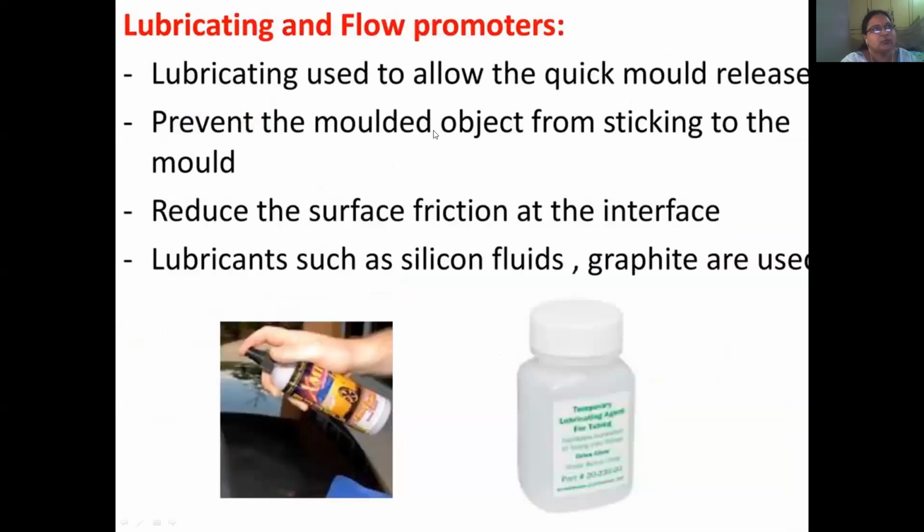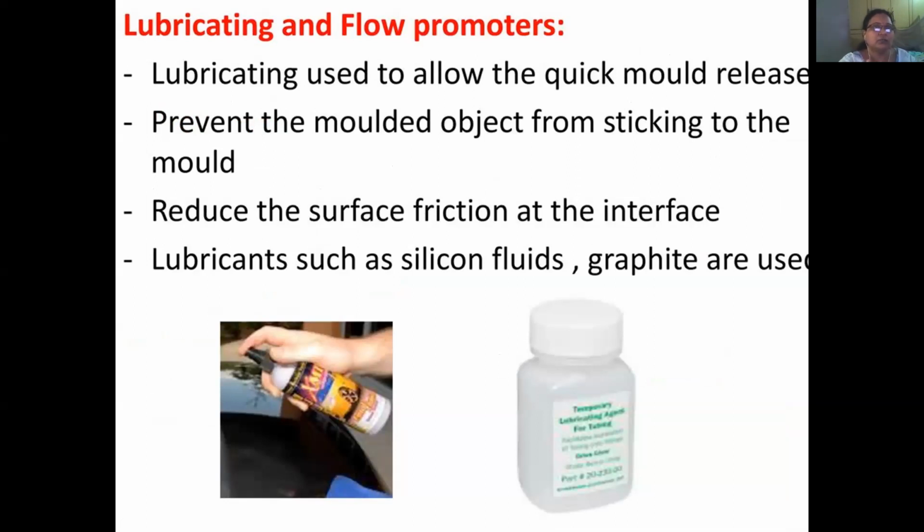Then coming to lubricating and flow promoters. Lubricating is used to allow quick mold release. As you know, polymers are made in molds. So to remove them from the molds, we need some lubrication. As we prepare some sweets at home, what we do first is grease the mold with ghee or oil, and then later on we put the cooked ones in it.